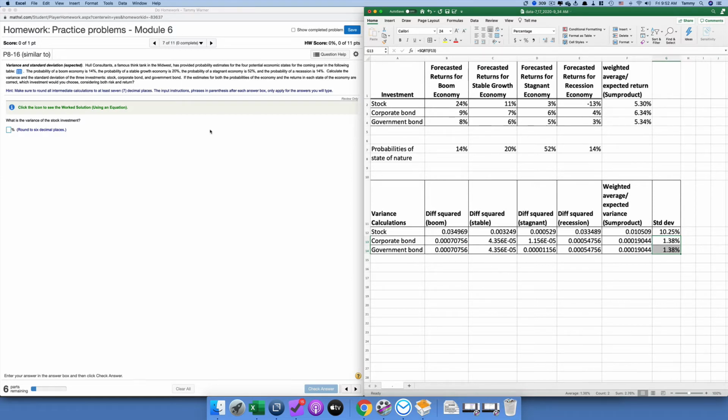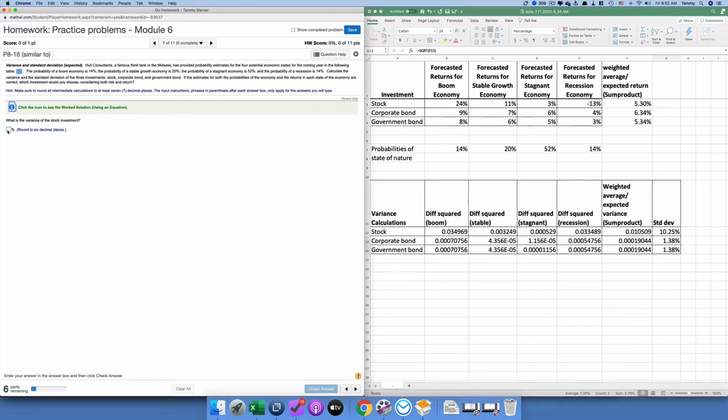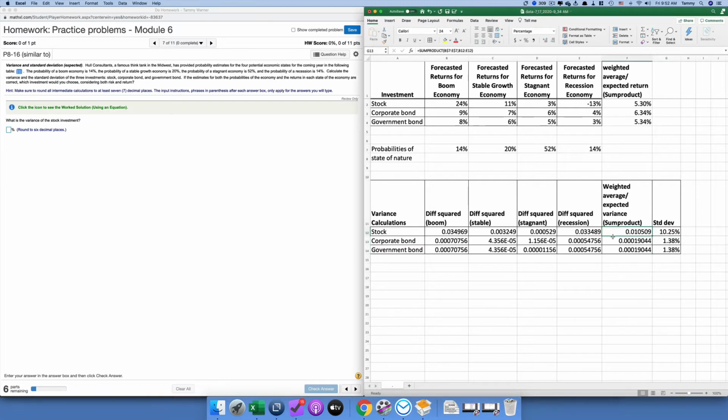And so now let's just go ahead and fill these all in. So let's see, the variance is, actually these need to be, my goodness, 6 decimal places. All right, so these need to be percentages. 1, 2, 3, 4, 5, 6.